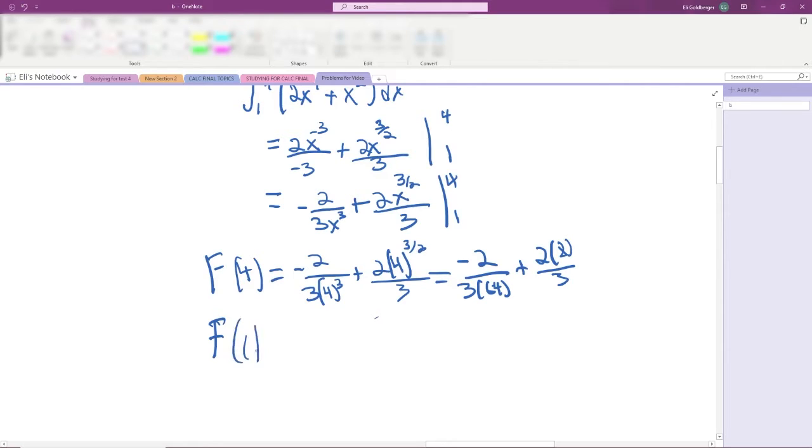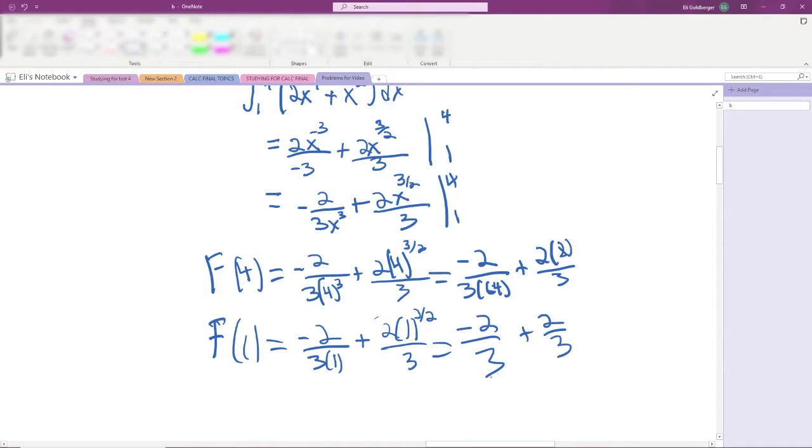So f of 1 equals negative 2 over 3 plus 3 times 1, but obviously it doesn't really matter, plus 2, 1 to the 3 halves over 3, which just equals negative 2/3 plus 2/3. So those just cancel out. So really we're left with this minus 0 up here, so f of 4 minus f of 1 is just f of 4 basically. So this is our answer.